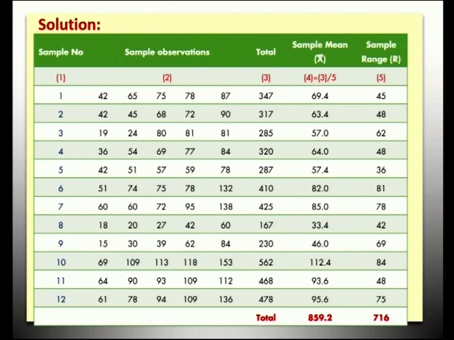This value, 859.2, is summation x bar and this is summation r. So summation x bar is 859.2 and summation r is 716. Let us see how the values are calculated for UCL, LCL and CL.